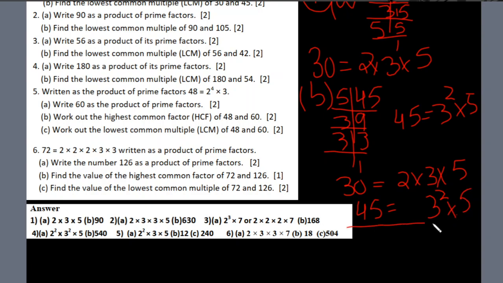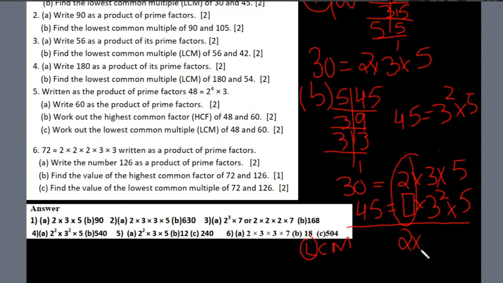Now we have to find LCM of these two numbers. LCM is the lowest common multiple. It says lowest, so remember the opposite of lowest is highest. Now we're choosing highest of these two values. We have 2, and then we have no number underneath it, so the highest number is 2.